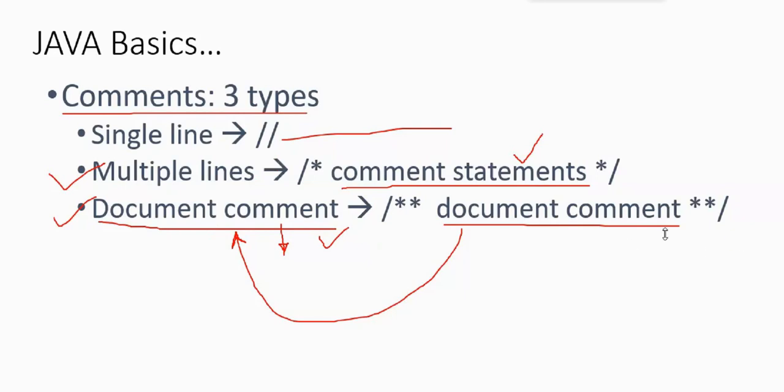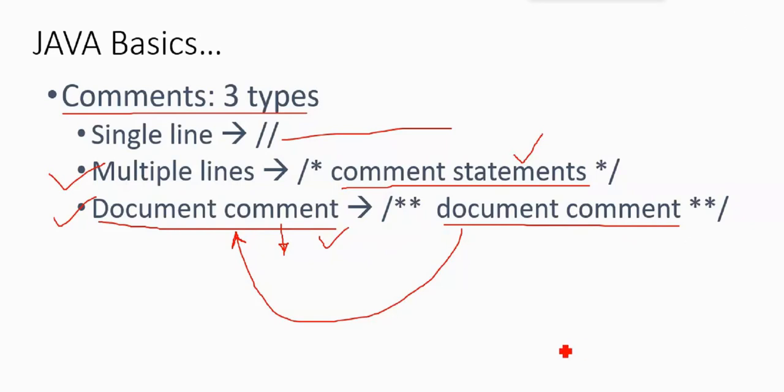If you want to see the full source code, then you can open it, and multiple line comments are sufficient for that. So it only gives the documentation about that particular class, methods, everything. Wherever you added the document comment, based on that, it will give information.